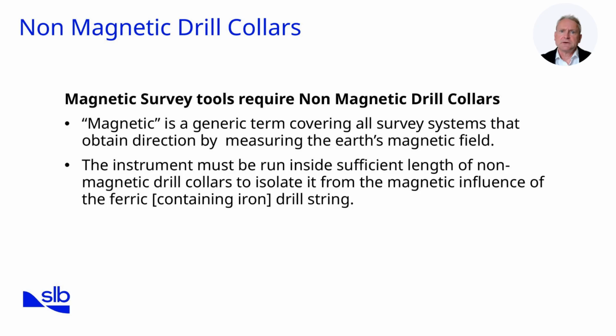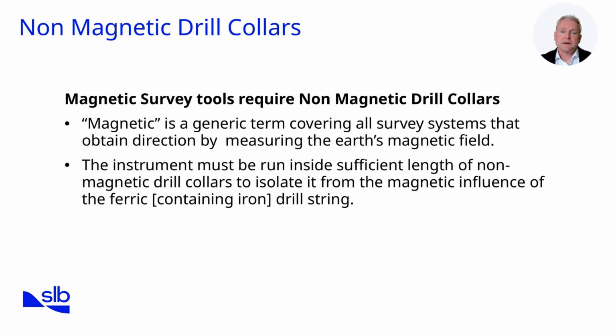To combat interference, magnetic survey tools are housed in non-magnetic drill collars, NMDCs. These collars are made from non-ferrous alloys, often non-magnetic stainless steel, which provide the required strength while not distorting Earth's magnetic field. By isolating the survey instrument inside a sufficient length of non-magnetic drill collars, we shield it from the magnetic influence of the ferric drill string above and below.